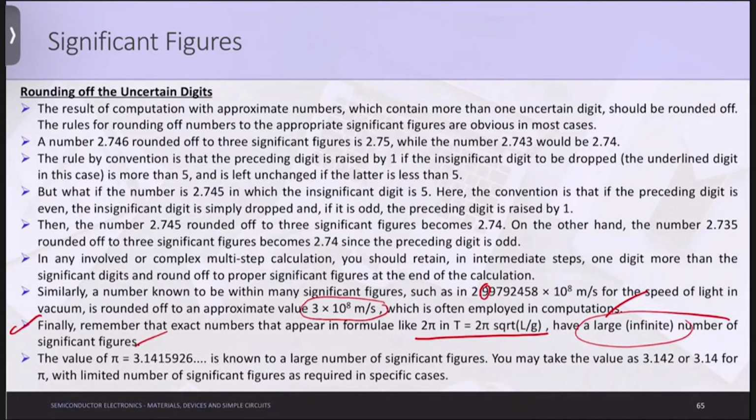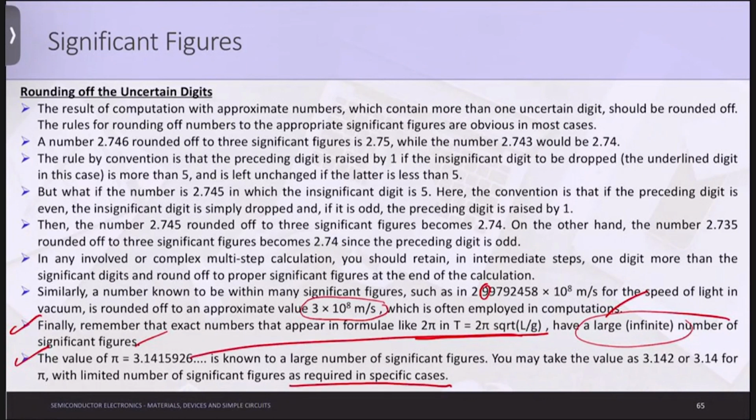Final concluding line of the slide. The value of pi, that is 3.1415926, is known to a large number of significant figures. You may take the value as 3.142 or 3.14 for pi with the limited number of significant figures as required in specific cases. As it is an irrational number, the number can even go on.